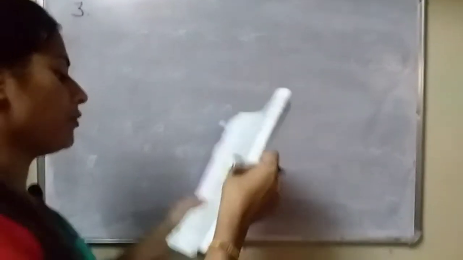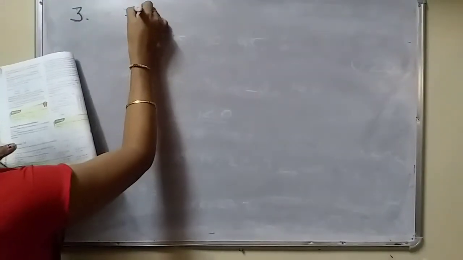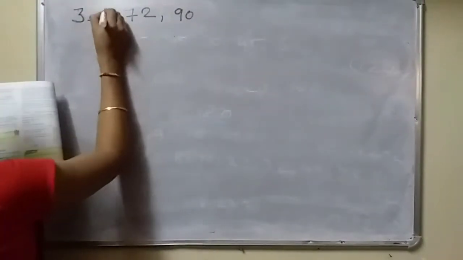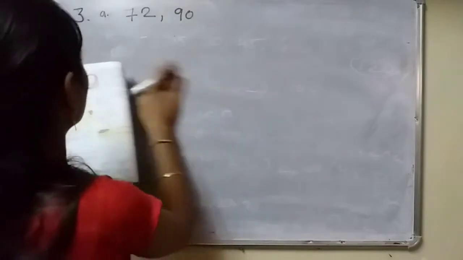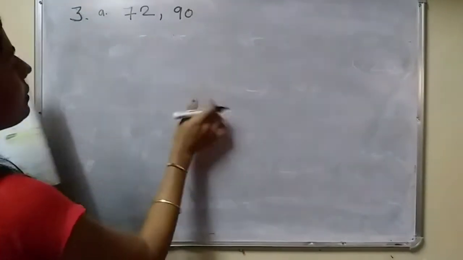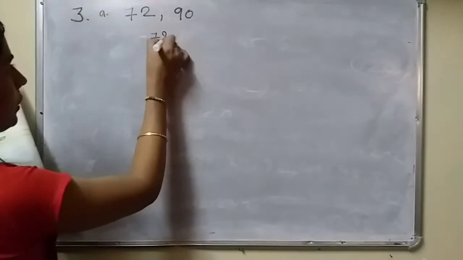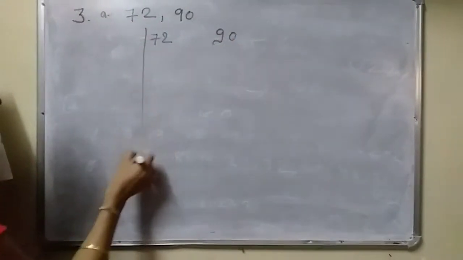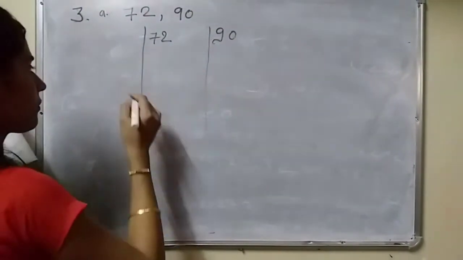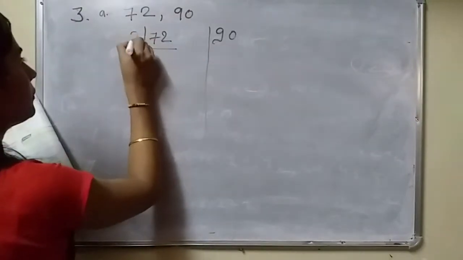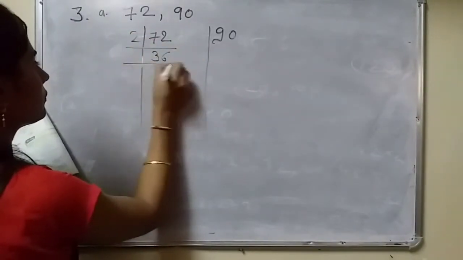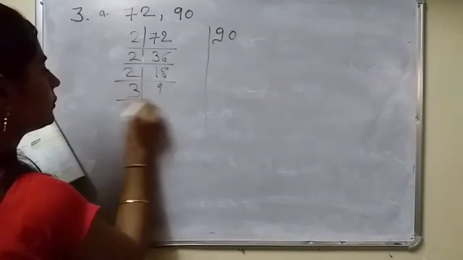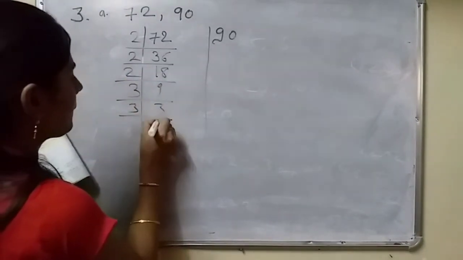Find the LCM using prime factorization, 72 and 90. It is our question. By prime factorization we have to solve, so 72, 90, 2 nines are 18, 3 threes are 9.